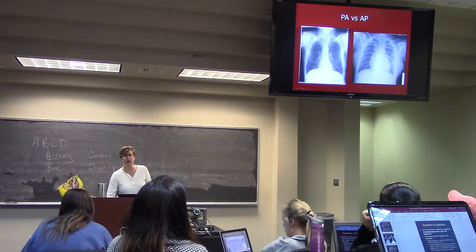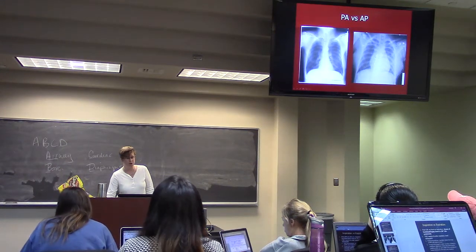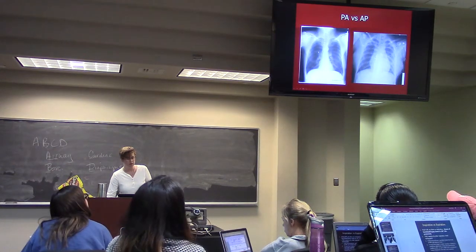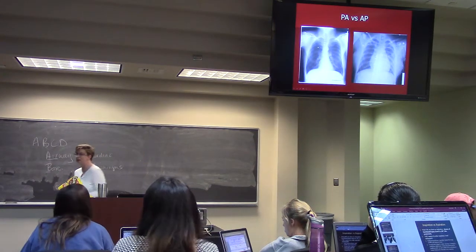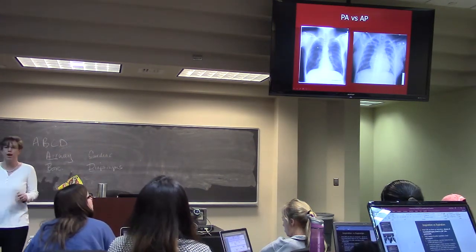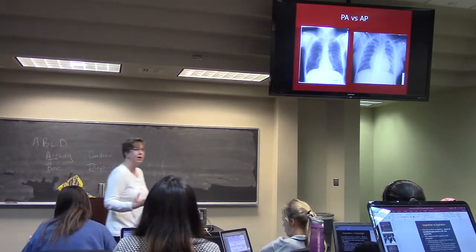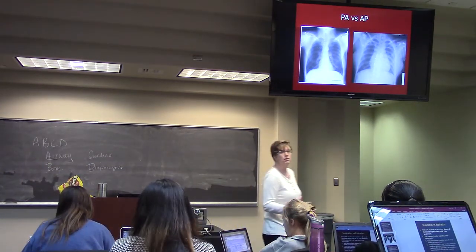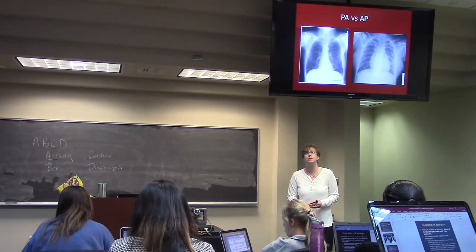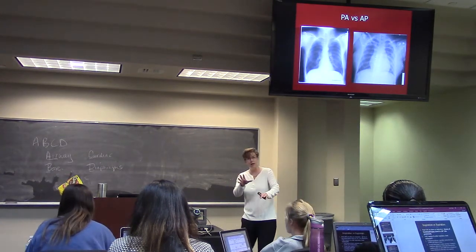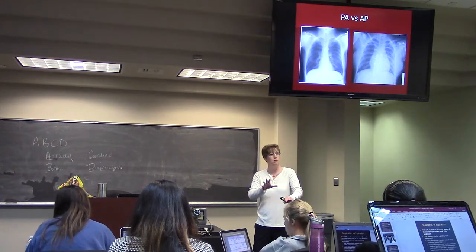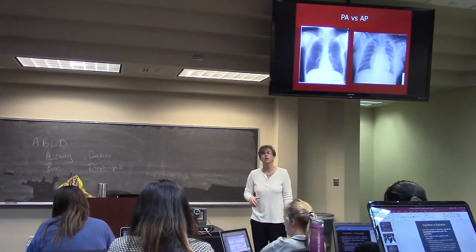So that's a good inspiratory. So there's 2 up here that are hard to see. Okay, you should be able to see about 6 anterior ribs. A good chest x-ray, you will see your anterior ribs, about 6. That's also a good penetrated x-ray. You see those anterior ribs.